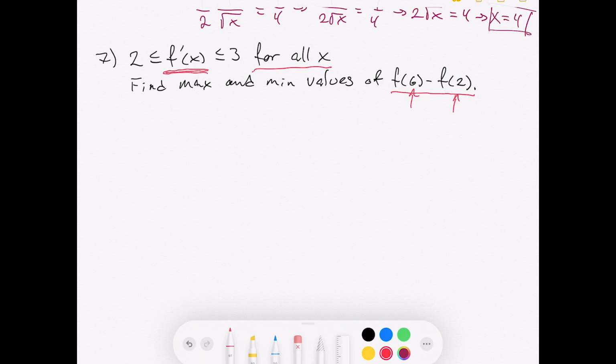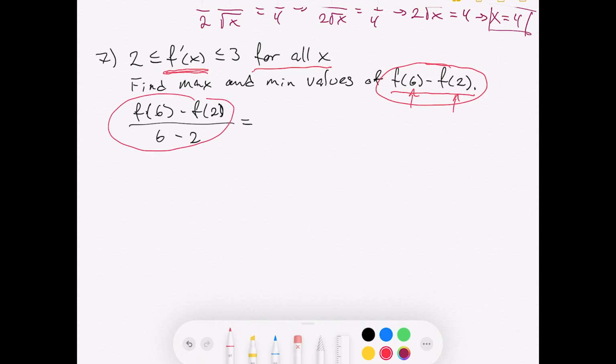And I know that the slope of the line between the starting and ending points of my graph can be calculated by taking essentially y2 minus y1 divided by x2 minus x1, and depending on what these y values end up being, f of 6 and f of 2, that's going to change the slope that I'm calculating here.